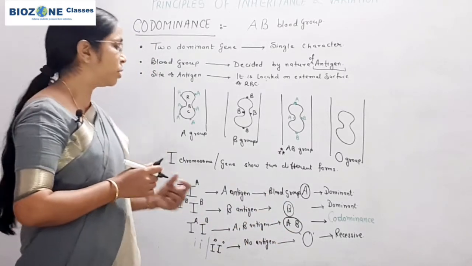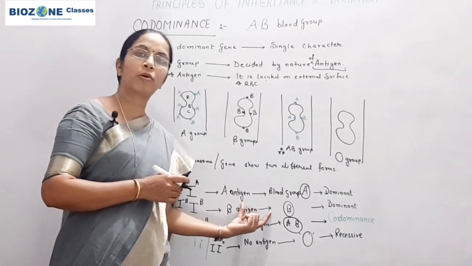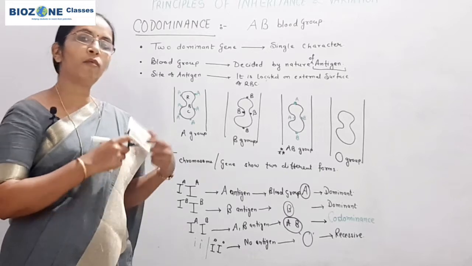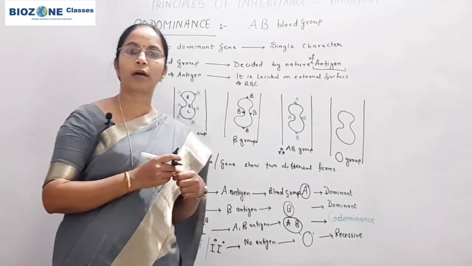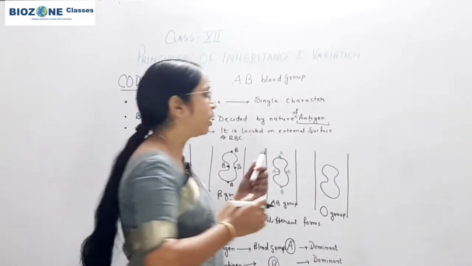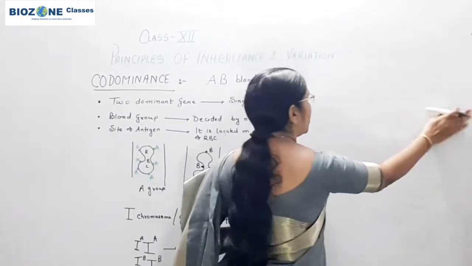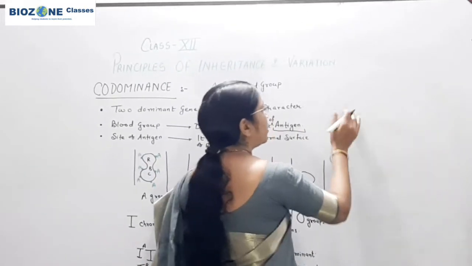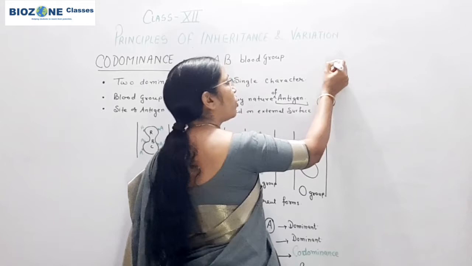Now we come to how the inheritance of these blood groups takes place in progeny, and what the phenotype and genotype are for the codominance phenomenon. Here we study one chart for codominance.